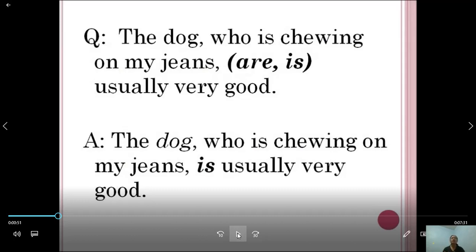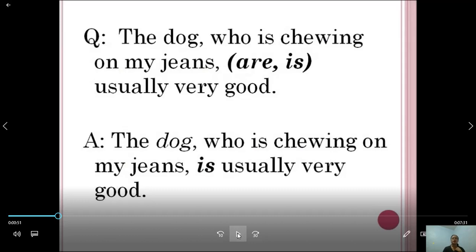Between are and is, which is singular and which is plural? Is is singular, and are is the plural form of the verb. So the answer is: the dog who is chewing on my jeans is usually very good.